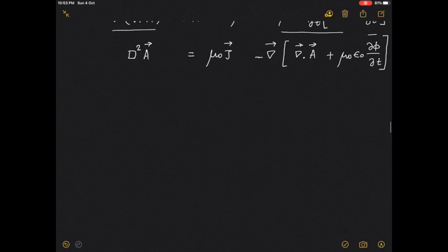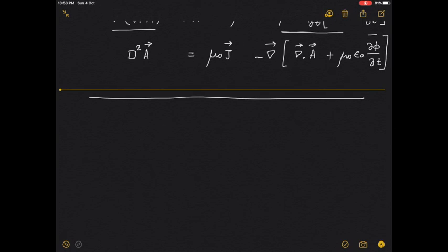Okay, so what have we got so far in terms of our potentials? We got that B, or let's write E first. E equals minus grad phi minus del A del t.